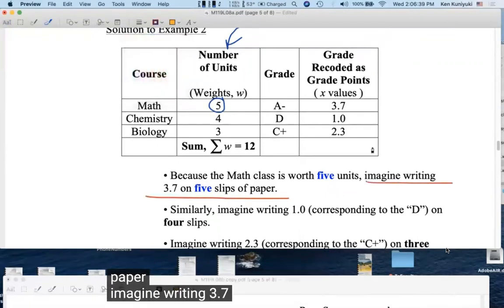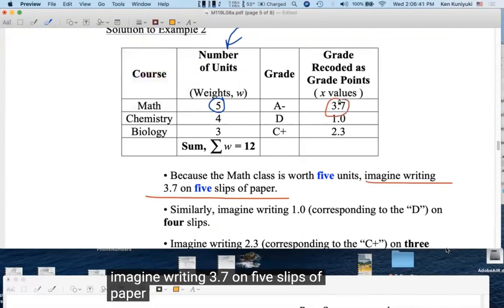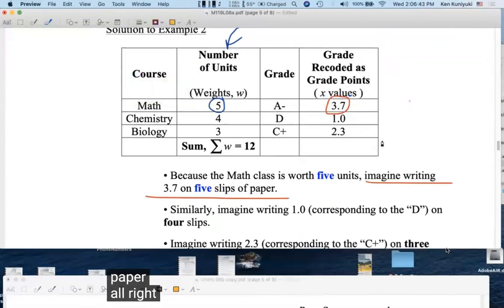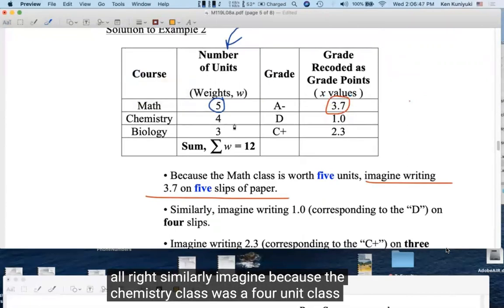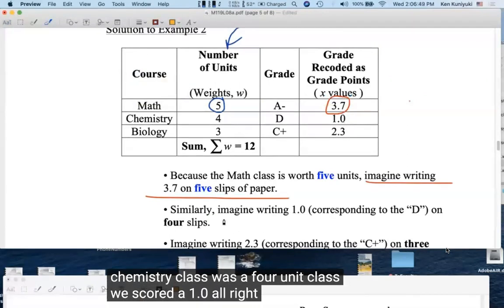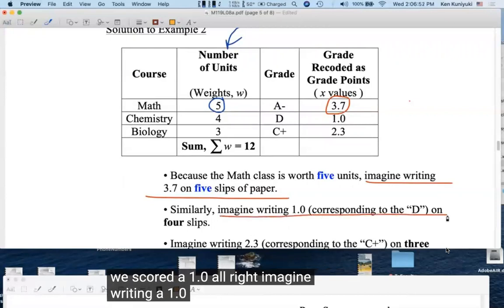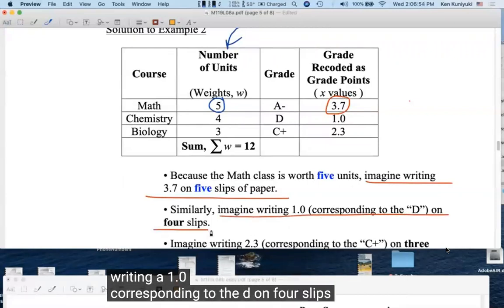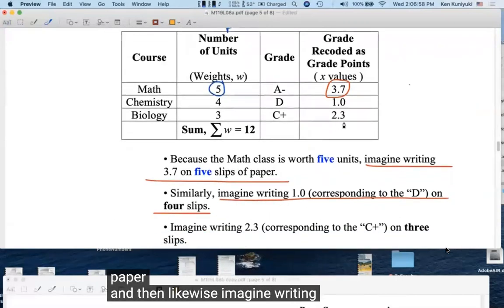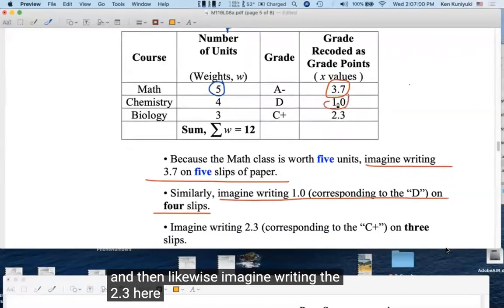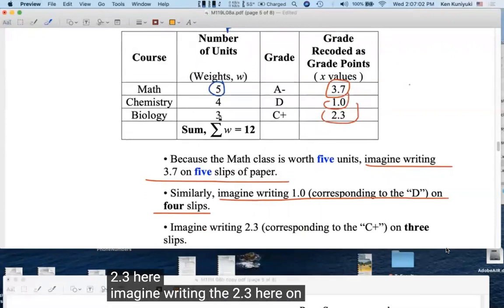Similarly, because the chemistry class was a 4-unit class where you scored a 1.0, imagine writing a 1.0 corresponding to the D on 4 slips of paper. And then likewise, imagine writing the 2.3 here on 3 slips of paper.